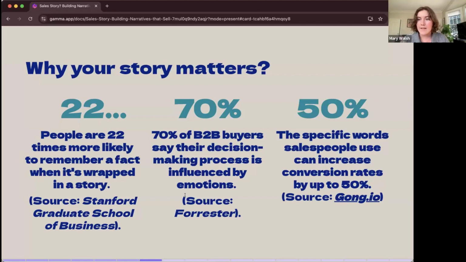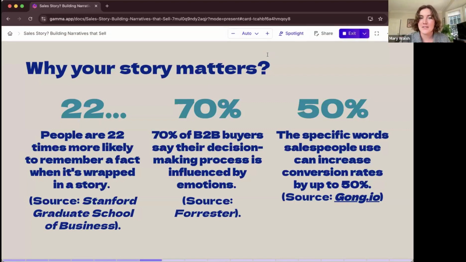The reality is that when you have effective stories, it influences your revenue and the decisions being made. We all kind of know that, but here are some numbers.